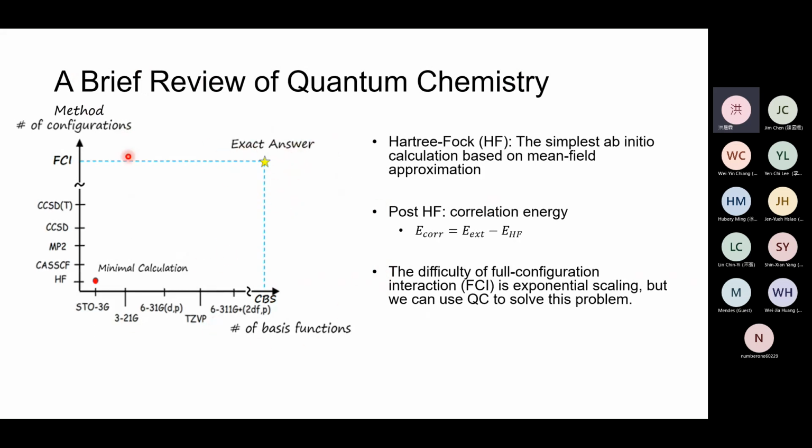Look at this picture here. In quantum chemistry, we can dive into this two-dimensional picture. The x-axis is the number of basis functions, and the y-axis is the method path, or the number of configurations. There is a hierarchy of ab initio methods, with the most basic approach to many-electron systems being the Hartree-Fock method.